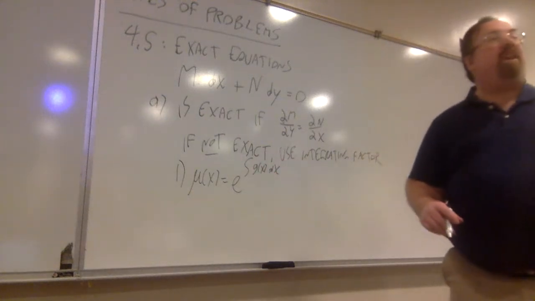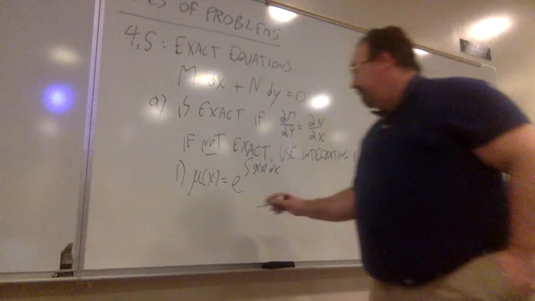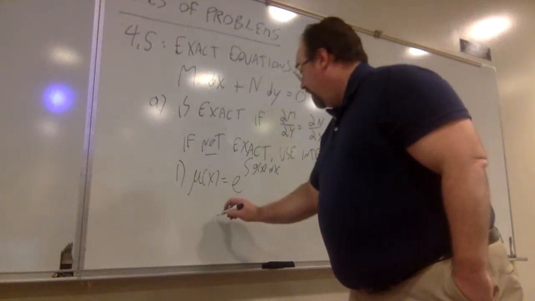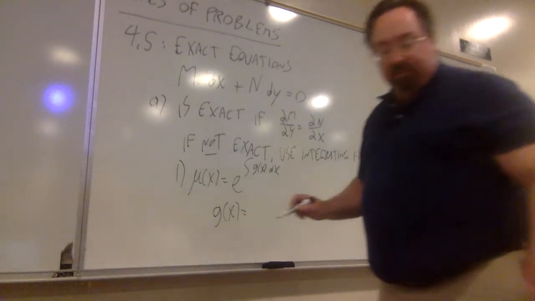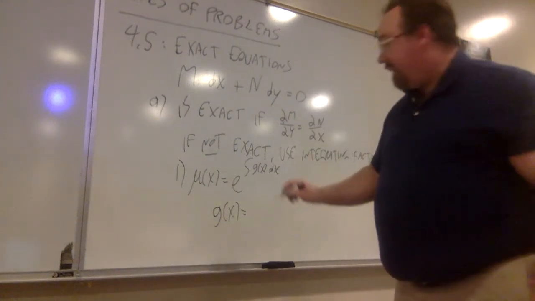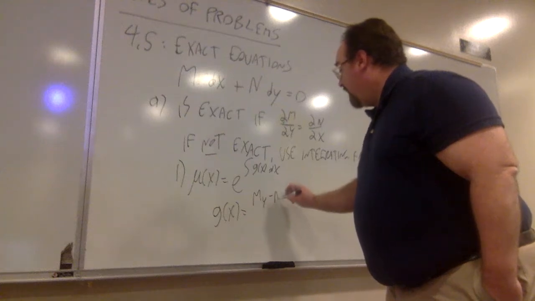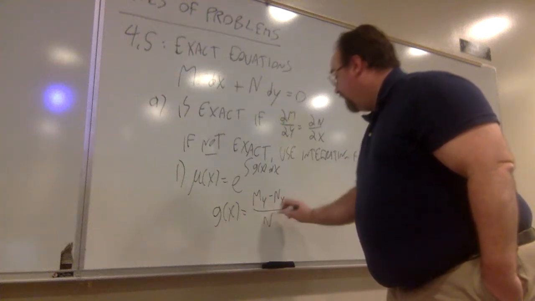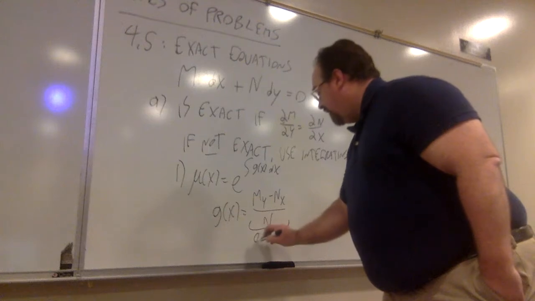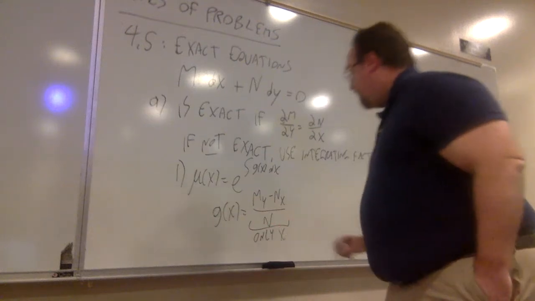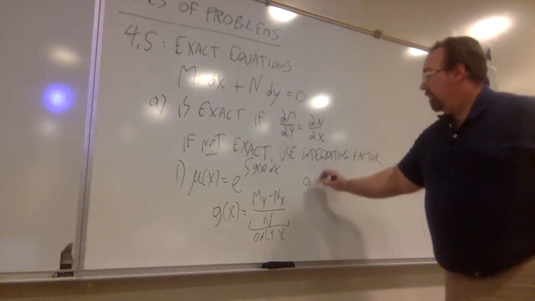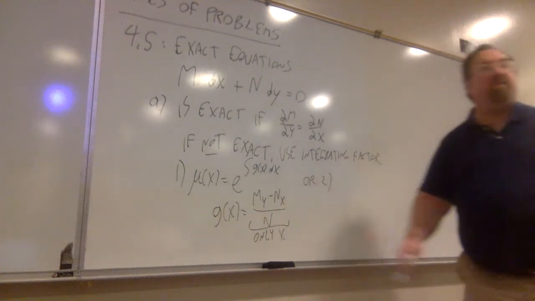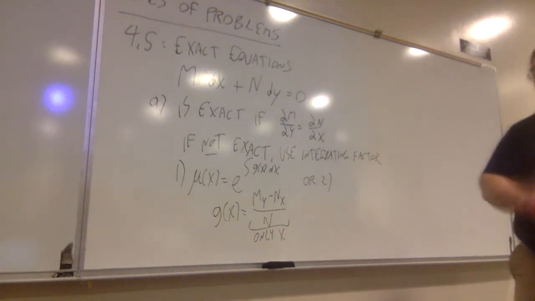So it's kind of like integrating factor for linear equations. The difference is it's more complicated in this case, but g of x has to be my minus nx over n. And this is only allowed if that whole expression, once you simplify it as much as you can, depends only on x.